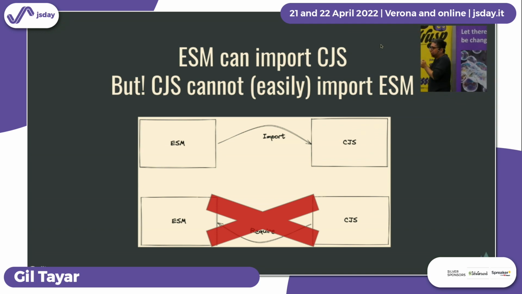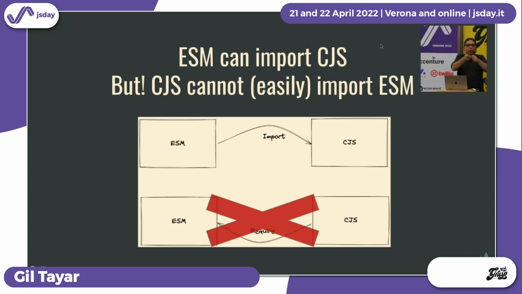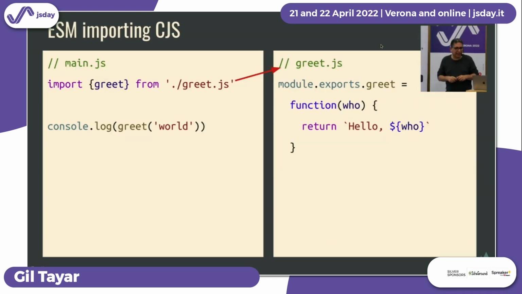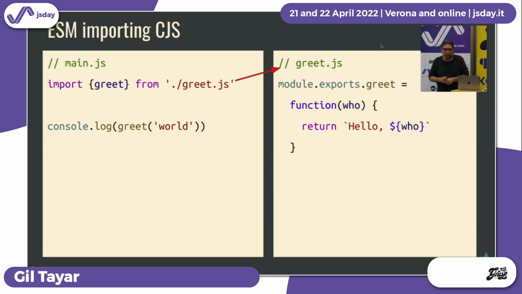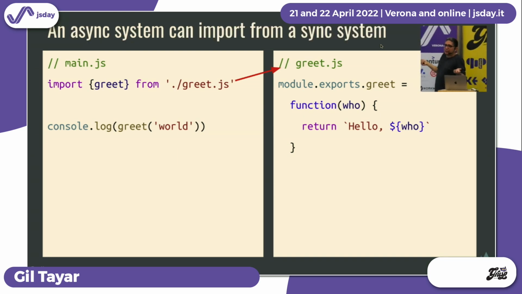If I have a CommonJS file, I cannot import or require an ESM. This is an example. I have greet.js, which is a CommonJS file, as you can see. ESM is importing it, and it works. Nice. Why does that work? Because ESM is async. CommonJS is sync. Async can work with sync, no problem.